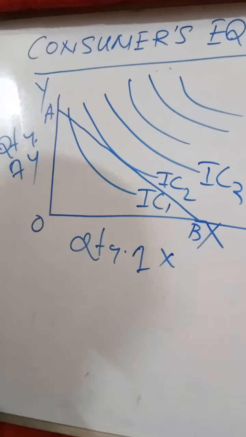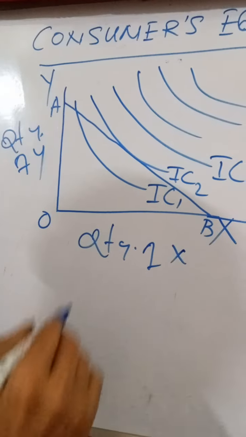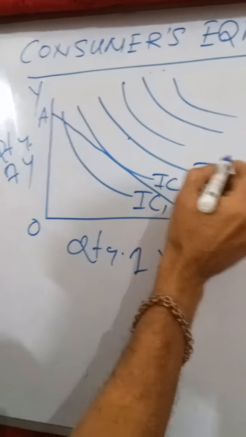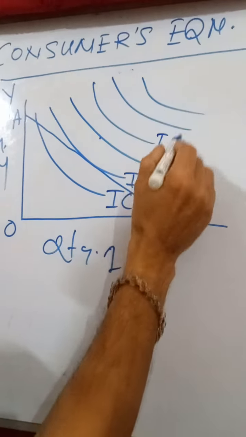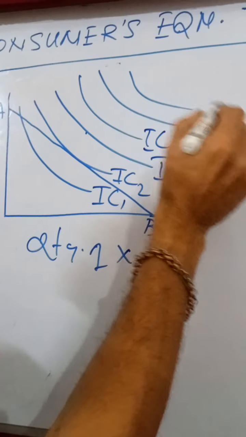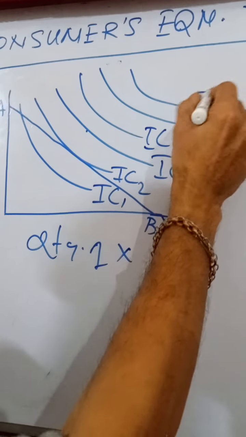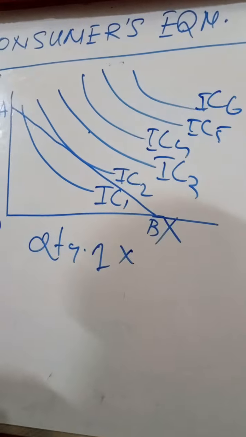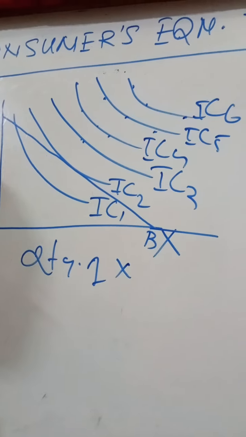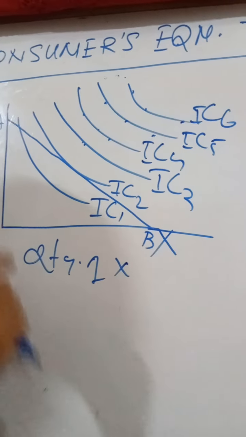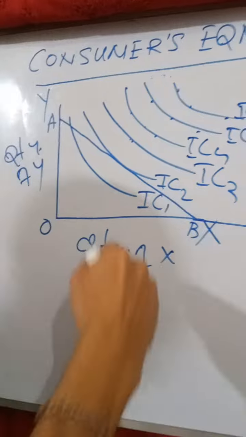That means, although the consumer gets greater satisfaction in IC3, IC4, successively greater satisfaction, IC6 and so on, the consumer cannot avail any commodities on these indifference curves because his money income is constrained by the line AB. He cannot go beyond line AB.